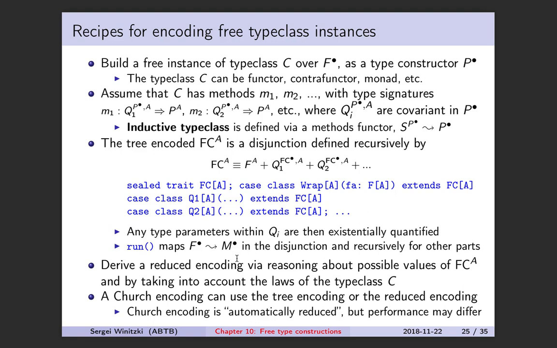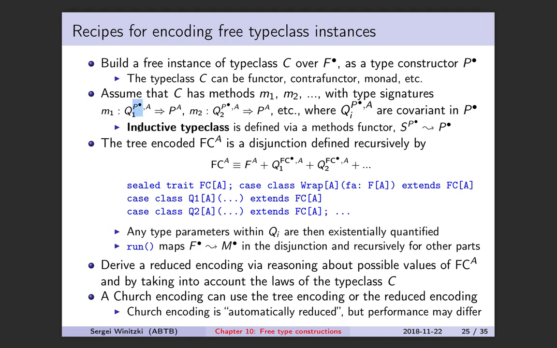And then finally, we can implement the run method for this very easily. So if we are in the wrap case, which is this part of the disjunction, then we just map it to M and we're done. And for all other parts, these methods are run recursively.